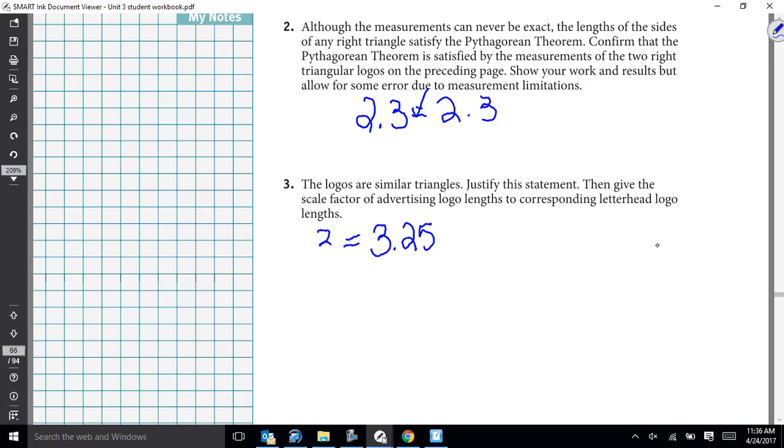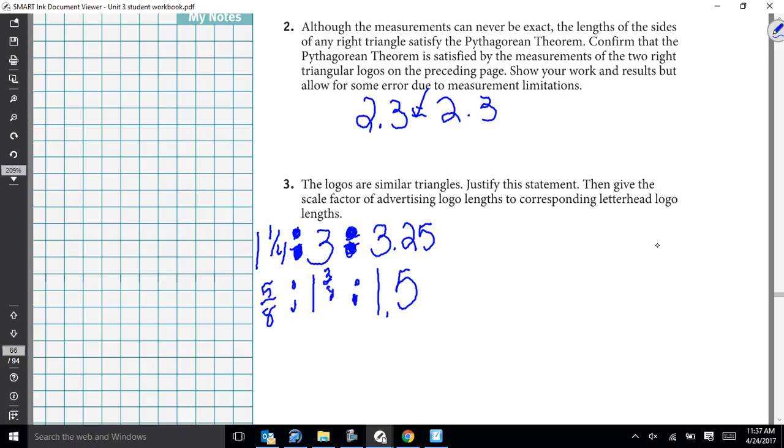The shorter leg is 1.25 inches. And for the small ones, our hypotenuse was 1.5, right?